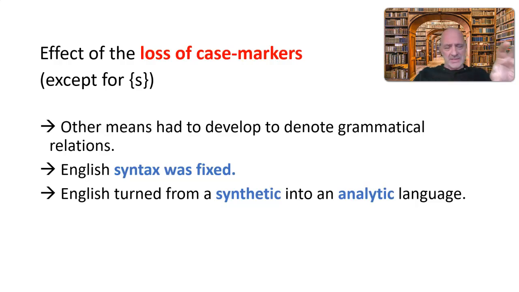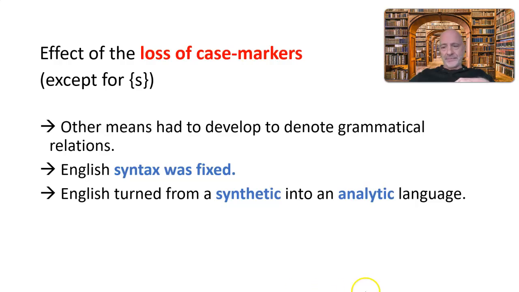You had to fix the syntax: subject, verb, object, which turned English from a synthetic language into an analytic language. Synthetic means you have the stem of the word and you add endings. If you can't do this anymore, it's not a synthetic language anymore because it becomes analytic, which means fixed syntax.